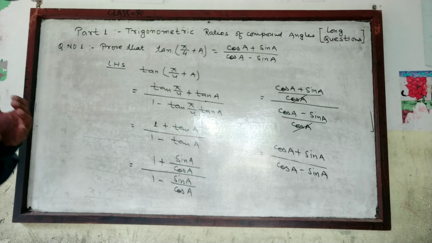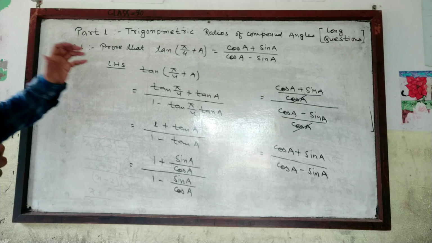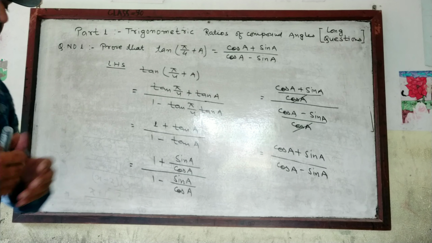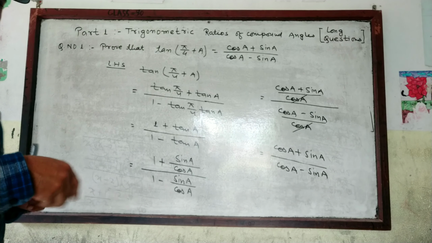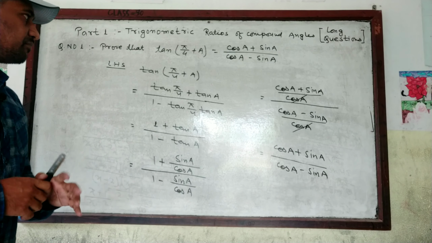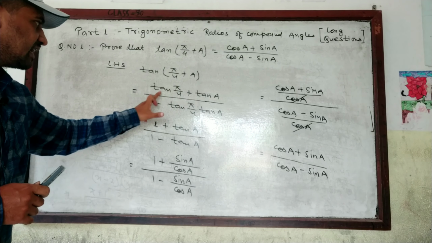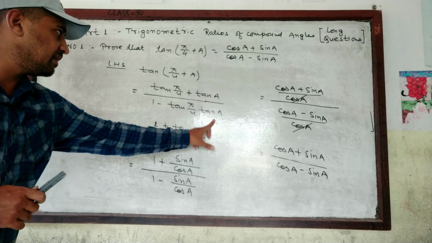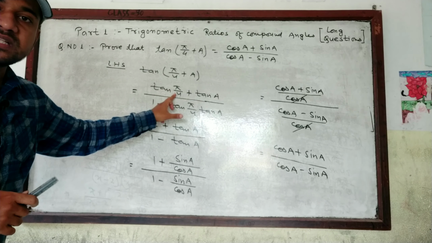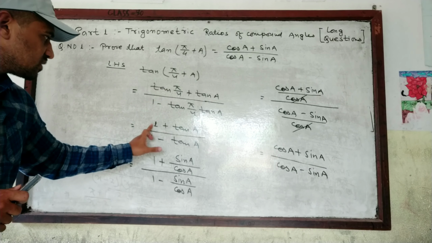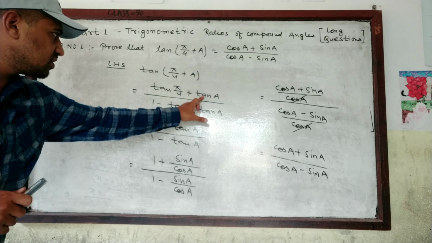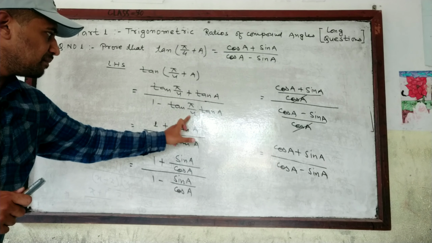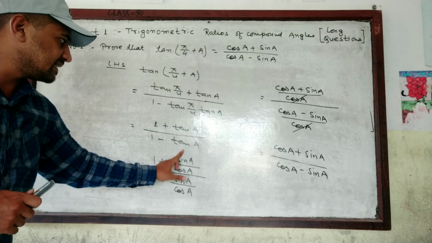If you have any confusion in this question, you can watch this video again so you can understand properly. We used the tan(A + B) formula here, and tan pi/4 means tan 45, which is 1, so we get 1 plus tan A, and tan pi/4 into tan A means tan A directly.